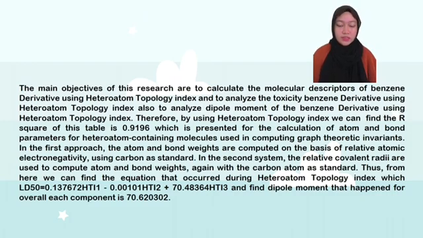theoretic invariance. In the first approach, the atom and bond weights are computed on the basis of relative atomic electronegativity using carbon as standard. In the second system, the relative covalent radii are used to compute atom and bond weights, again with the carbon atom as standard.